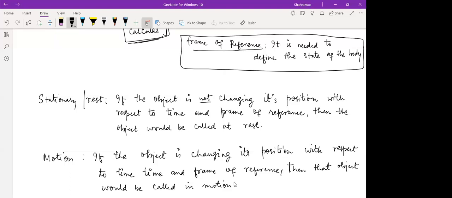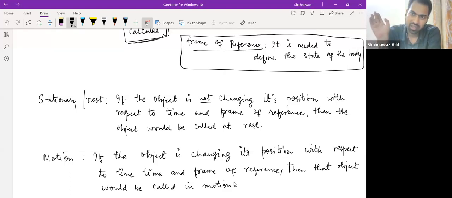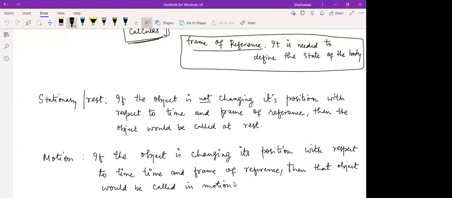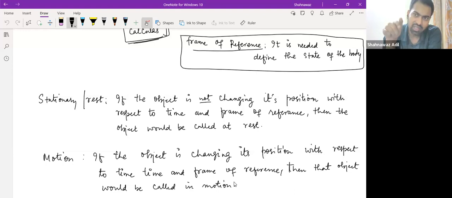Yeah, you will see that the trees are going behind, and you will see that you are at rest, right? You will see that you are not moving, but trees are moving, right? Yes, sir. And the person outside that train will see that you are moving and the trees are at rest, right?